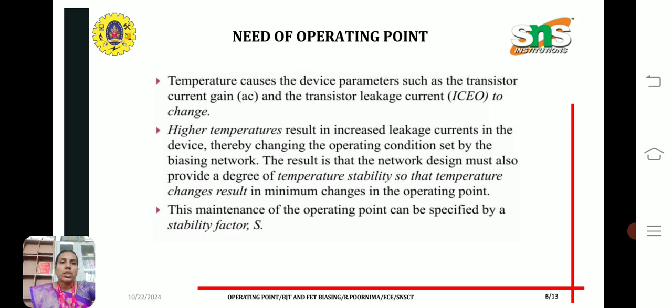Higher temperatures result in increased leakage current in the device, thereby changing the operating conditions set by the bias network. So the network design must also provide a degree of temperature stability, so that temperature changes result in minimum changes in the operating point. The maintenance of the operating point can be specified by the stability factor.